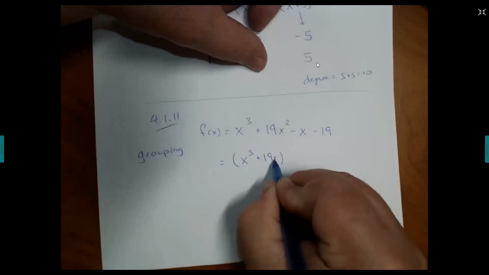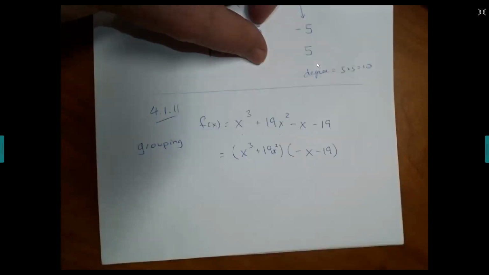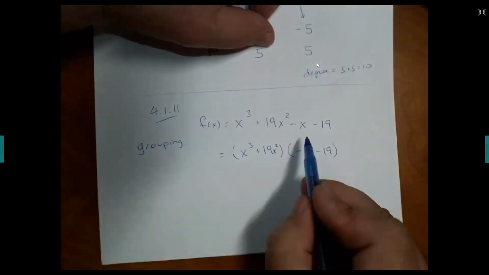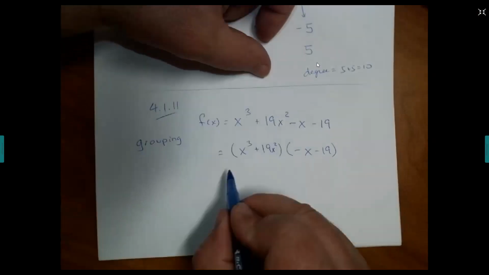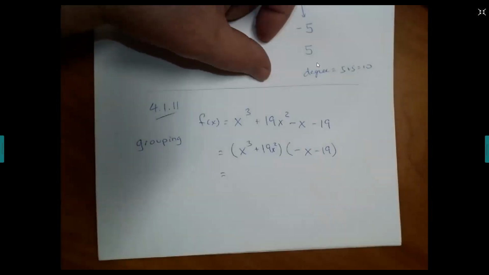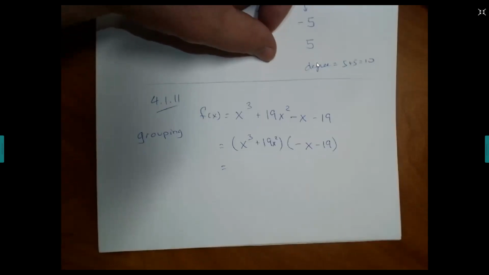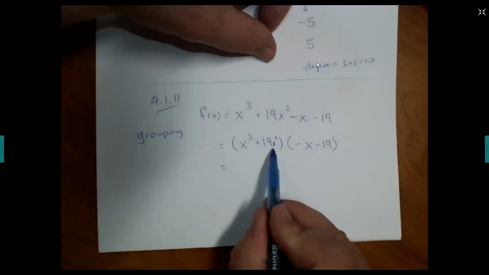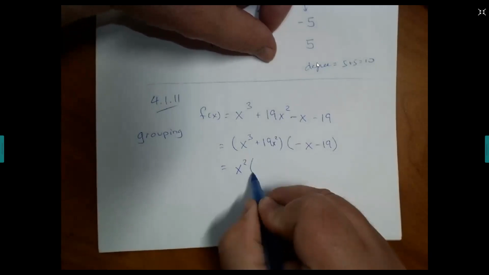Let's group the first 2 terms together and the last 2 terms together. This negative goes with that x. What can we factor out of the first one? What do they both have in common? They both have an x squared, don't they? Yeah, anything that is the same, you can pull it out.